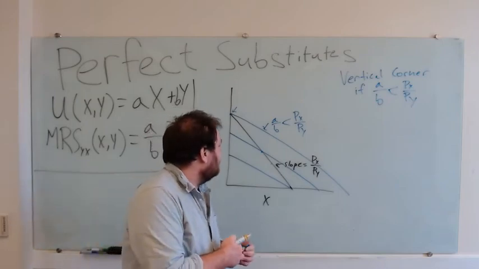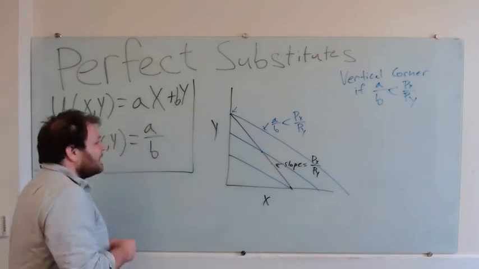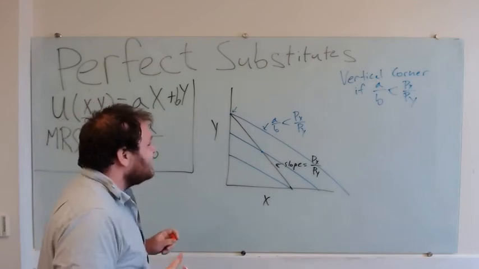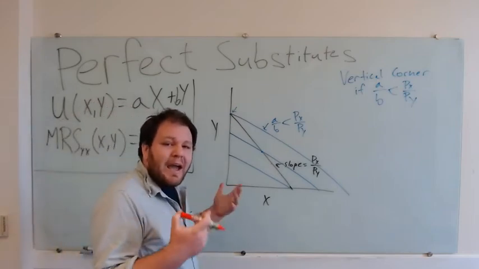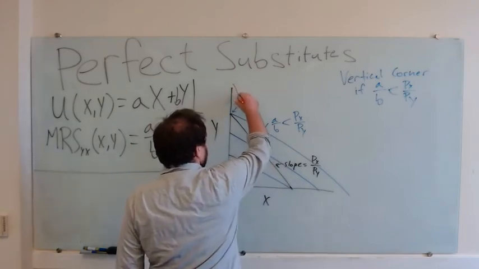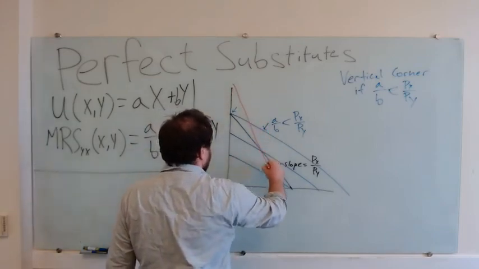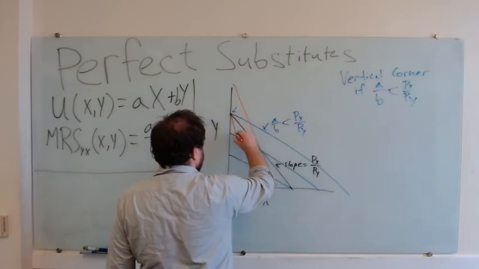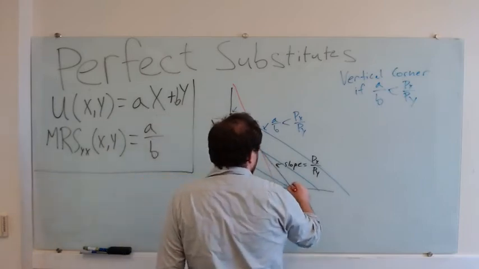Cool. So how about if the slope of our budget constraint was less steep than the slope of our indifference curve? In other words, what if A over B was greater than Px over Py? Well, then we would have indifference curves that look like this.